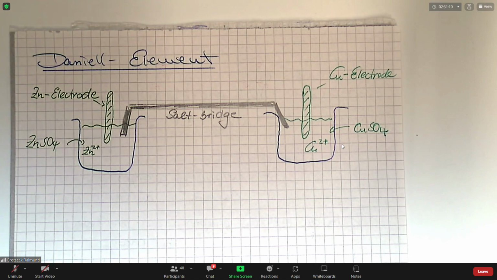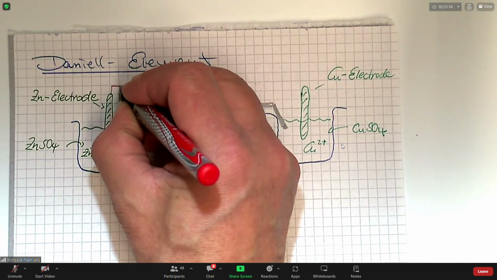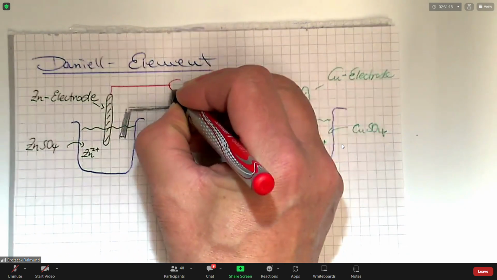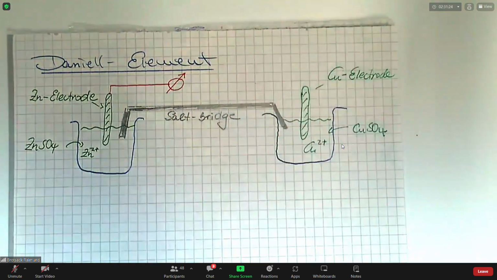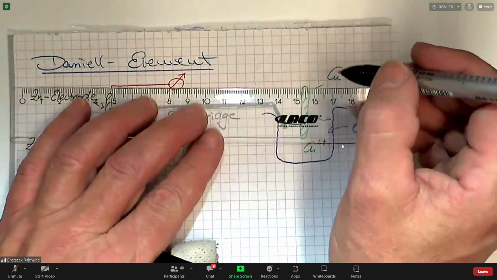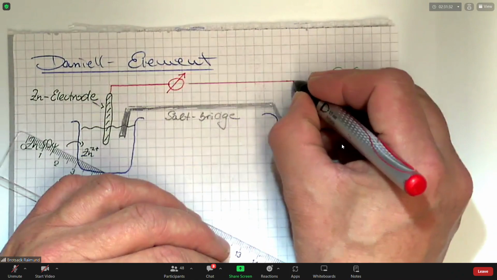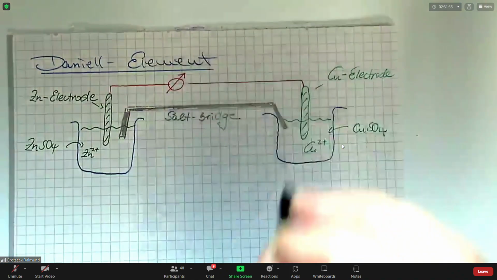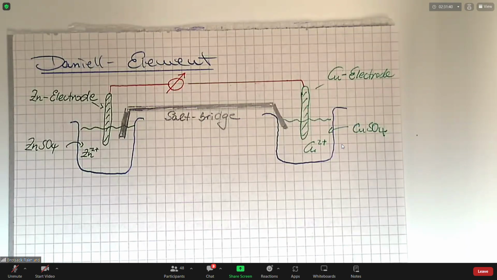And we have here an electrical wiring of the zinc electrode. And we can measure even the power, the voltage of this when electrons are moving towards the copper electrode. Now electrons are flowing, moving from the zinc because the electrode is oxidized to form more zinc 2+.